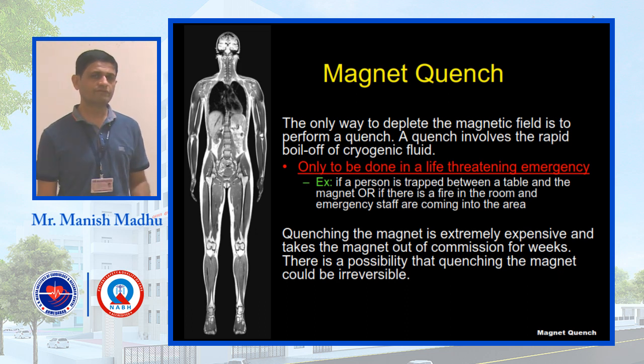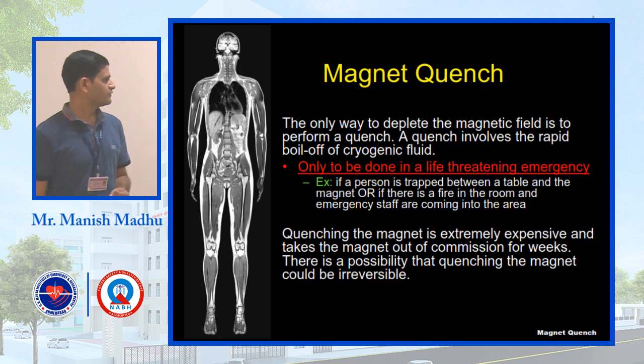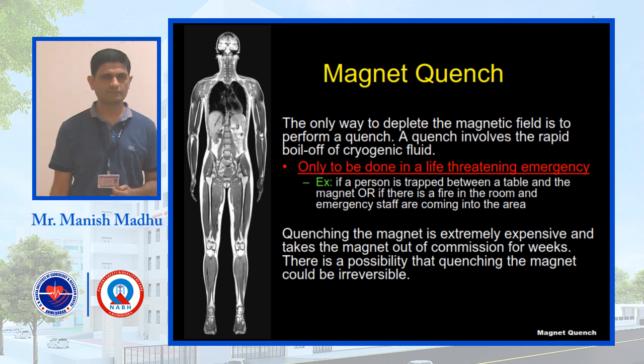Then when we need to fill up with helium again, it will take the magnet out of commission for weeks, and there is a possibility that the quench could be irreversible.